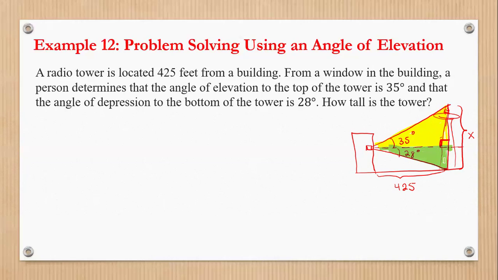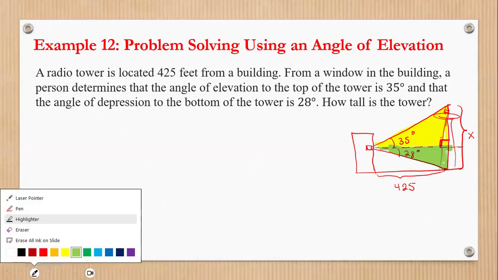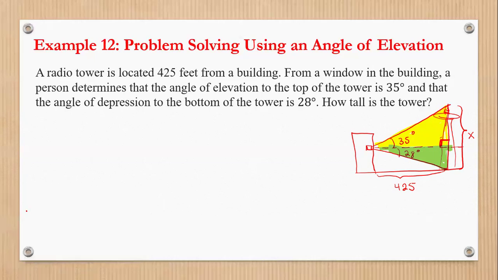So I have to use these two right triangles to find the height of the tower. But each of these right triangles gives me some part of the height. If I call this part, for example, A, and this part B, I need to find A from the first triangle, and B from the second triangle, and then add them together to get the whole height of the tower.